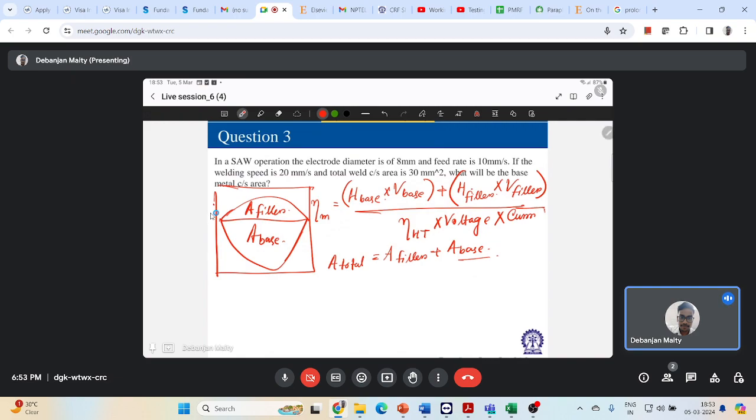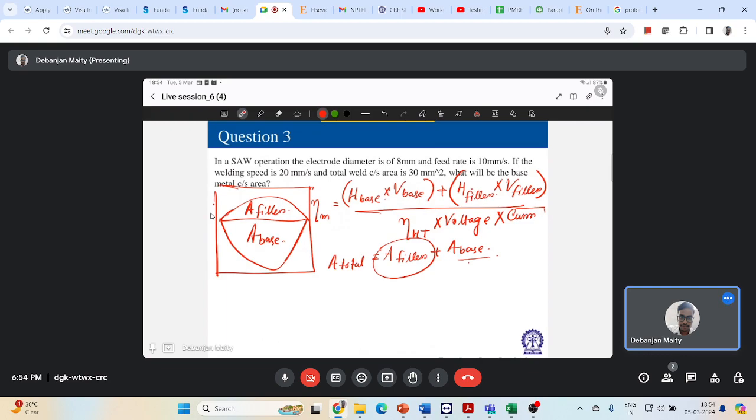So I have asked what will be the base metal cross-sectional area. If we somehow find out this filler metal area, I can get the value of the base metal area which will be melted, right? So how can you get the value of filler metal area?